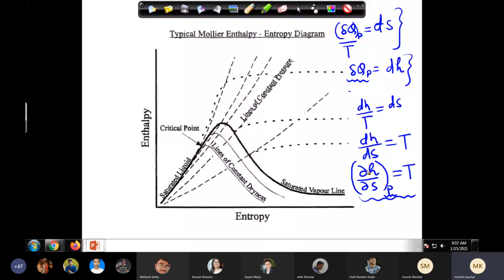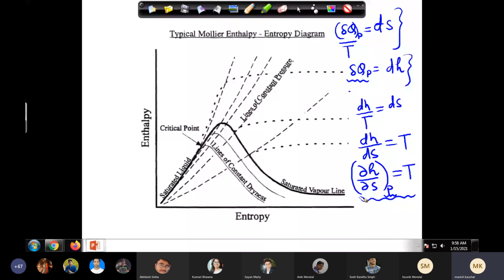Point number 2, I am saying that if someone is interested in creating a constant temperature line, then on the HS diagram at constant pressure lines, and we'll see it soon, one has to identify those points where the slopes are equal. And then if you join those points where the slopes are equal, that will be a constant temperature line, because ∂H/∂S is nothing but giving us temperature.